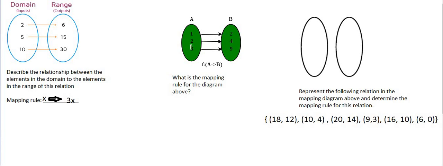But it doesn't work for this one, because we can't multiply 3 times 2 to get 9. So what is it? Wait, this one should be 1 actually. Sorry about that. I'm just going to put a 1 over it.